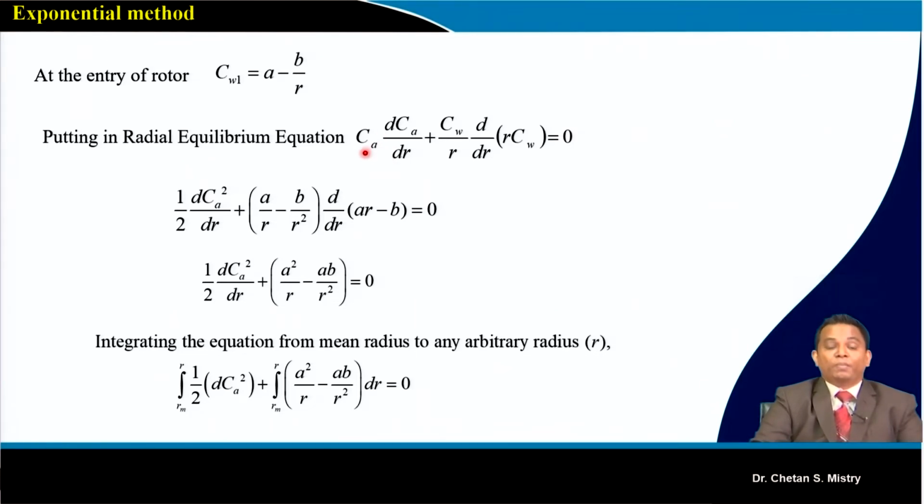If I simplify this equation, it will come as 1/2 dCa square by dr plus (A minus B)(A by R minus B by R square) into this formula.